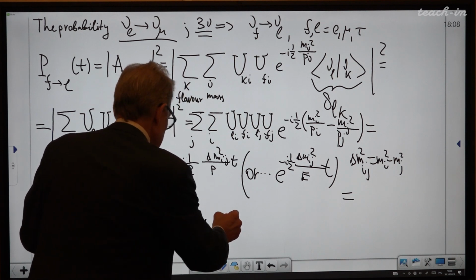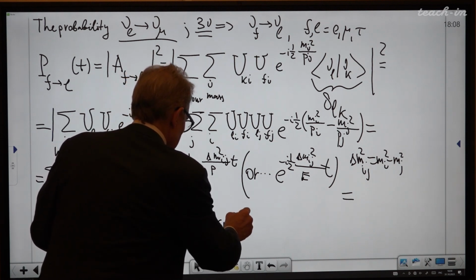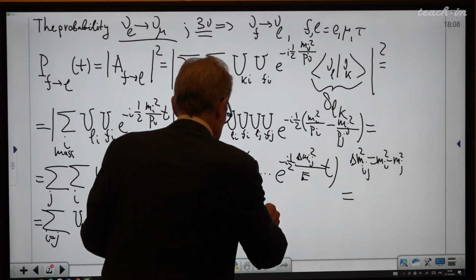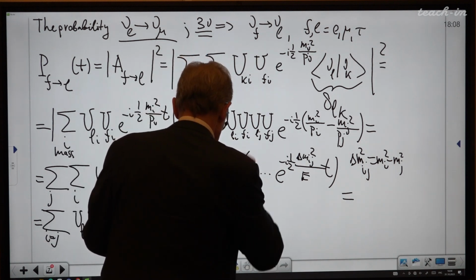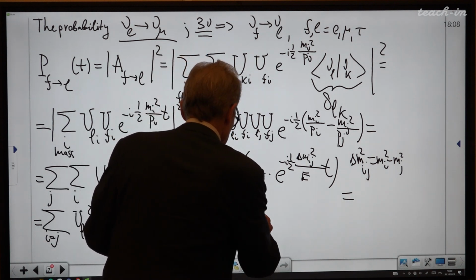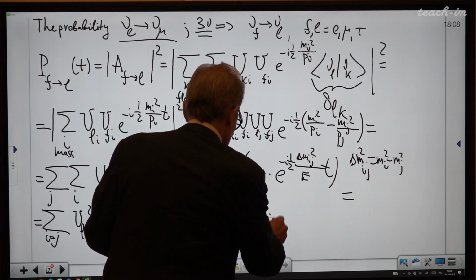Multiply by cosine of 2 pi t divided by tau ij.